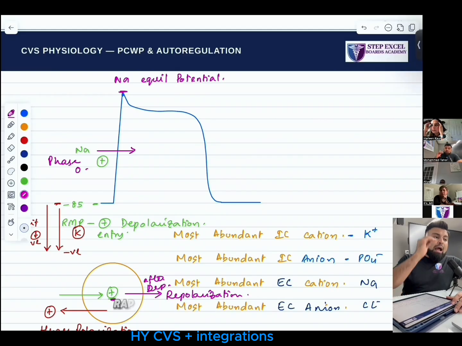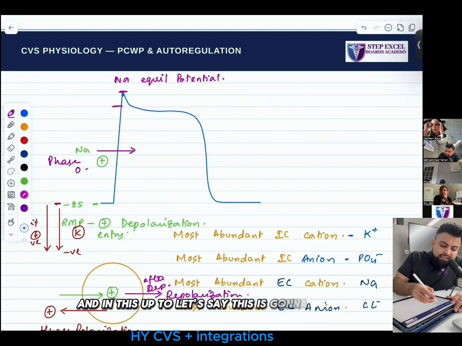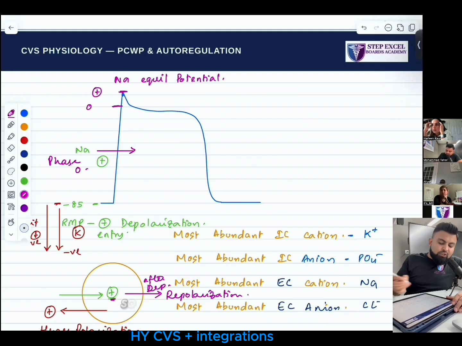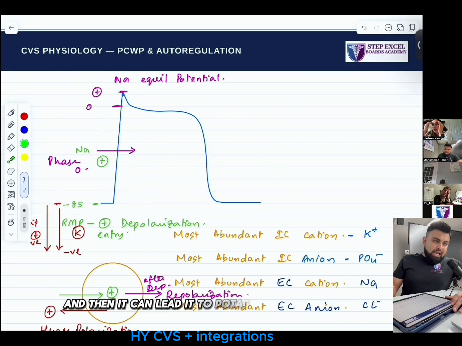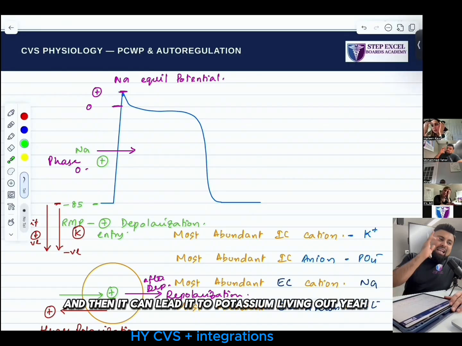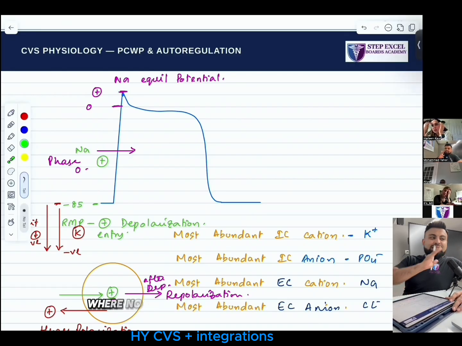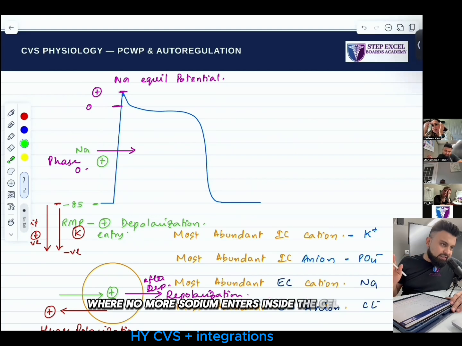Starting all the way from minus 85, the upstroke reaches a little positive, and then potassium starts leaving.